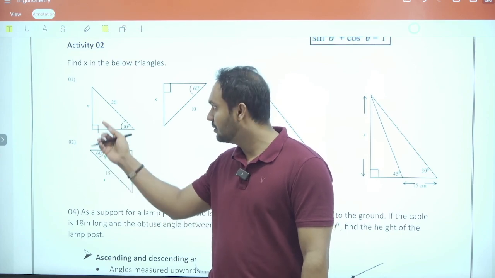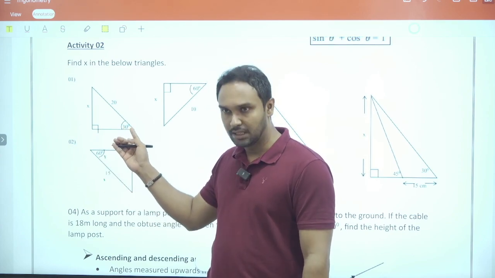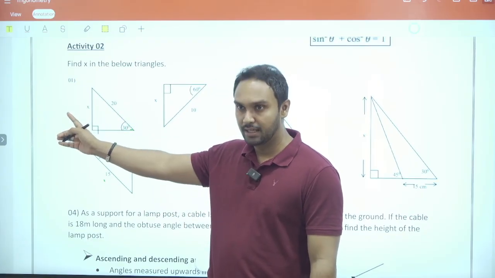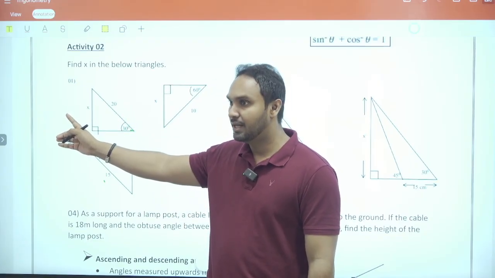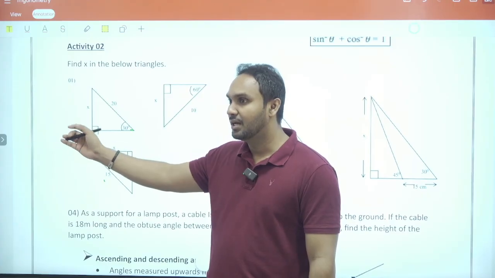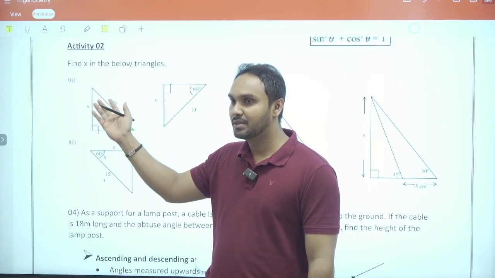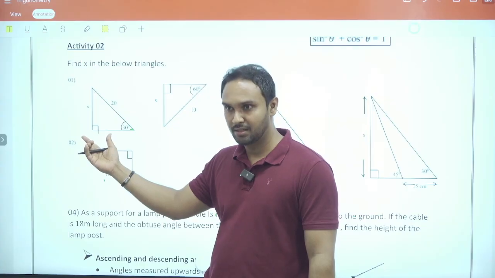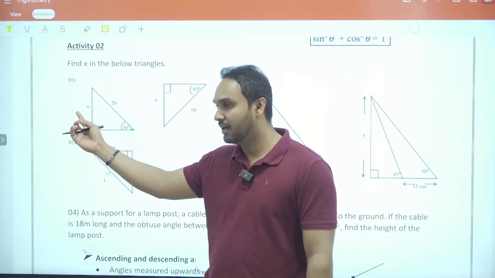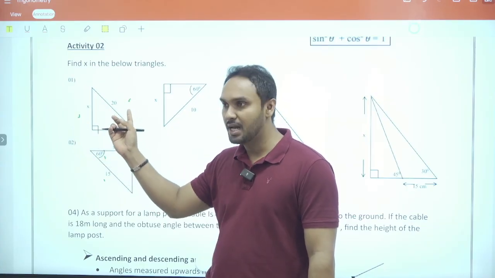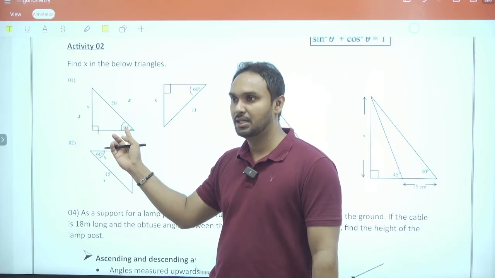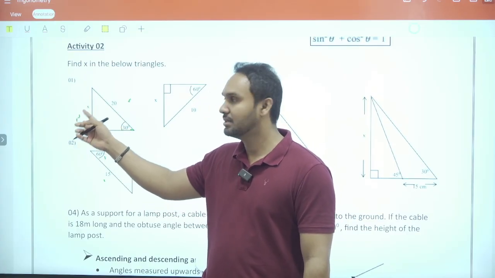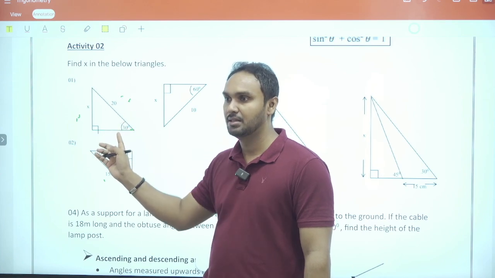Now take this one. You have 30. Hypotenuse is given. You have to find the x, right? So is there any point using adjacent over hypotenuse or something? No, because adjacent is not included there. You have to find x using 20 and 30. So put an equation that includes x, 20 and 30.